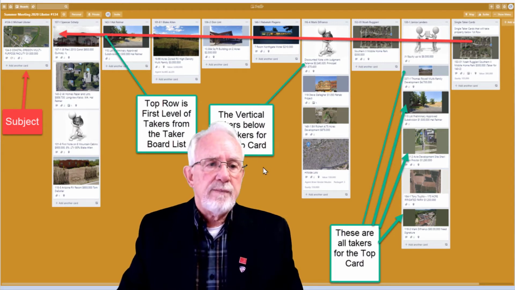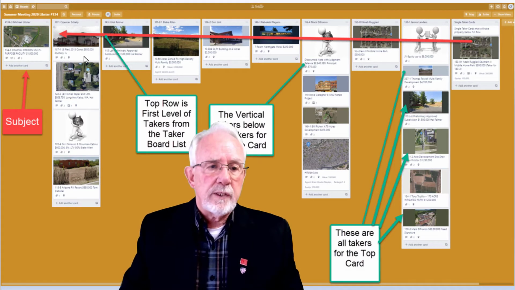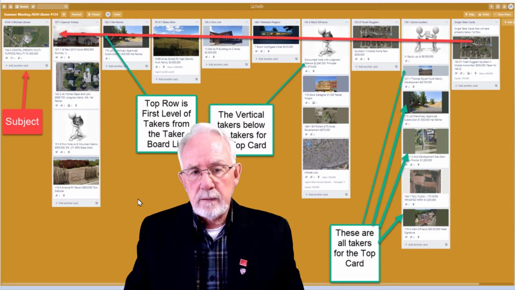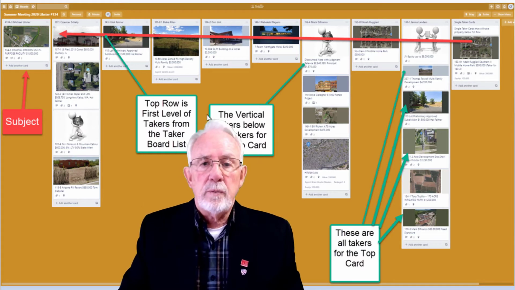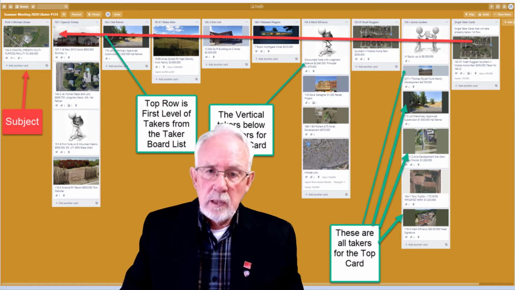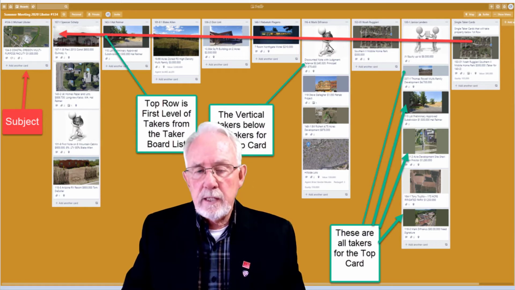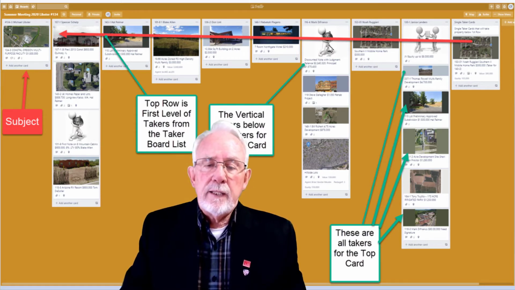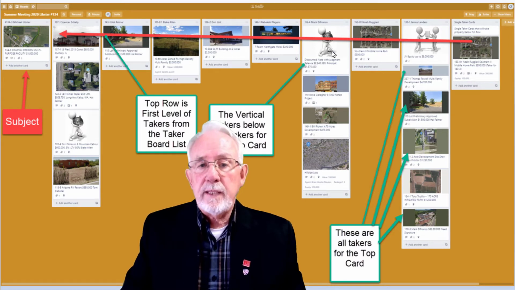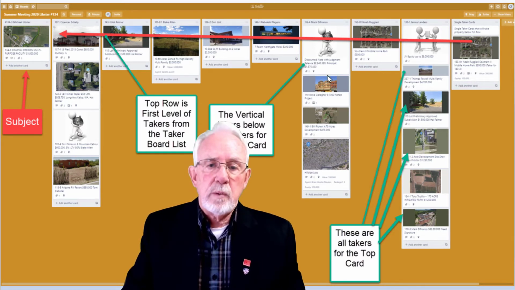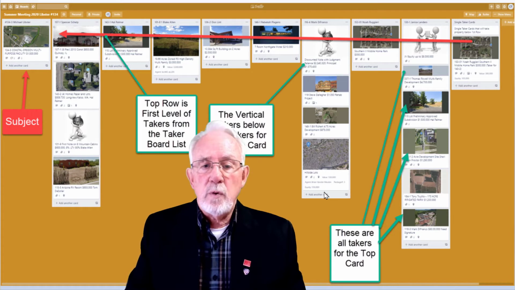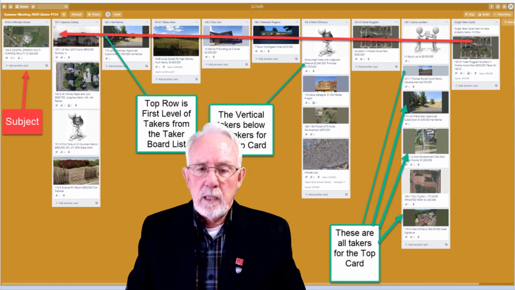And you can see from the columns that the first column next to the subject has 1, 2, 3 takers for that property on the top row. The one over where the vertical takes the cards below, the person carrying the debt, I think that's a promissory note, has 1, 2, 3, 4 takers for that property.